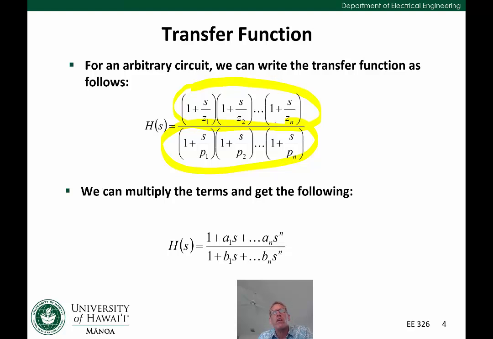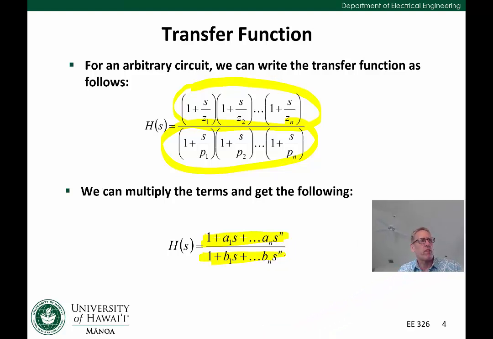Now, if we multiply this out and replace some of the variables, we can get this polynomial that represents the numerator and the denominator, representing the zeros and the poles. That's just algebra at this point.